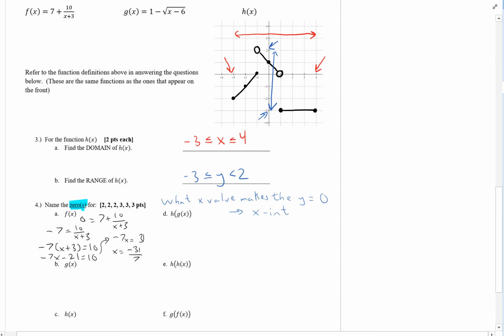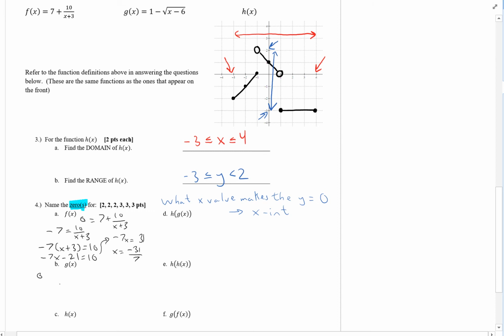If you plugged that in, you would get the function to output 0, and you could check it by plugging that in for x and seeing if you really do get 0, right? Just checking that equation. All right, g of x.